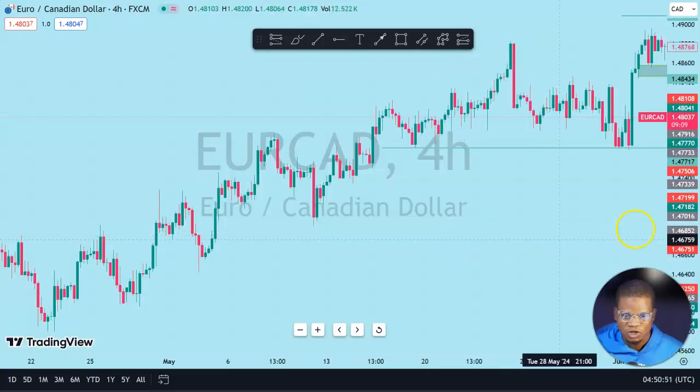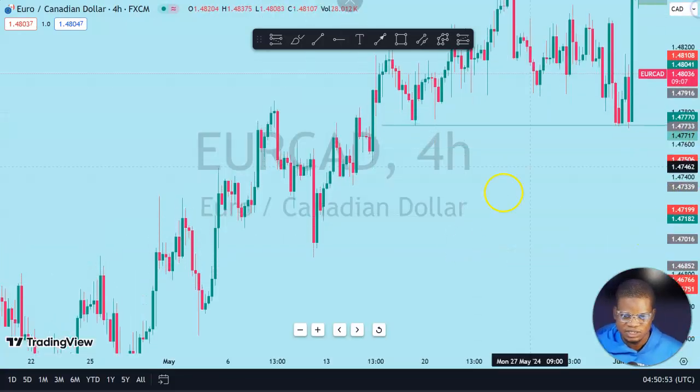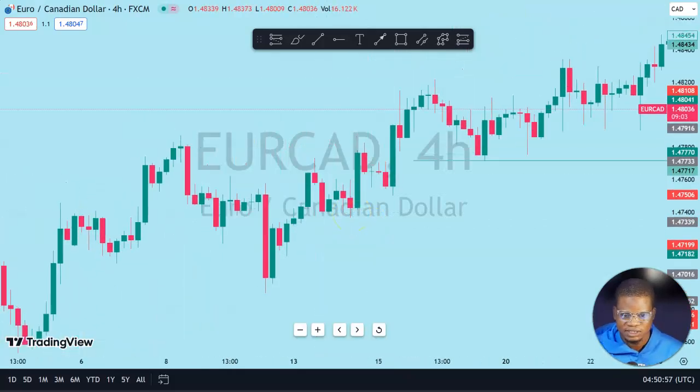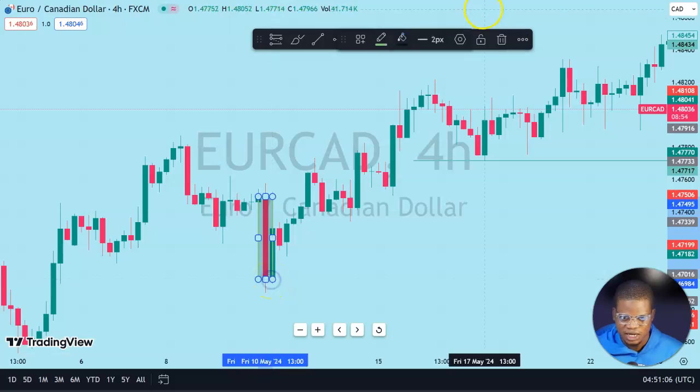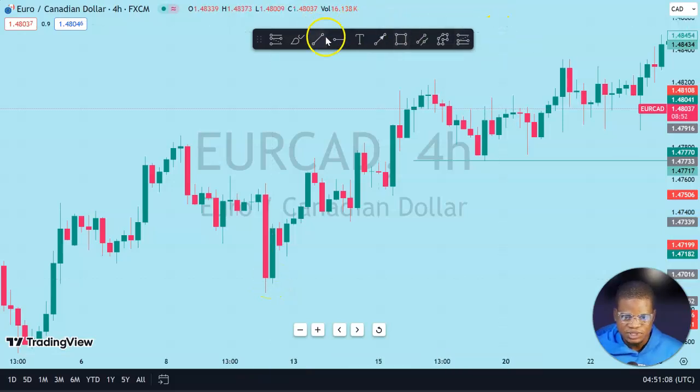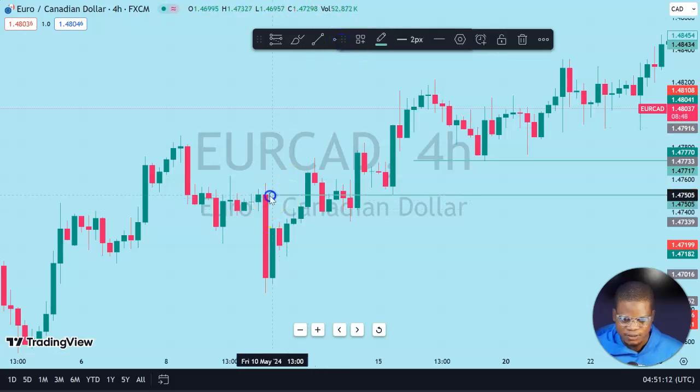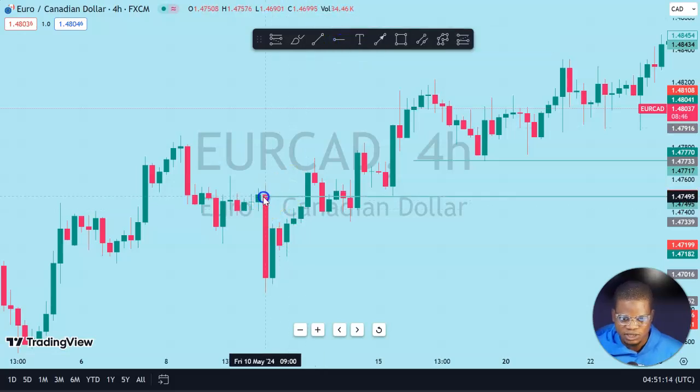So now, looking at this Euro Canadian dollar chart, you will see that this candle that I'm currently highlighting, this red candle that I currently highlight is a bearish candle, right? And this is the open price. This place is the open price because the candle opened here, right? That's the open price.